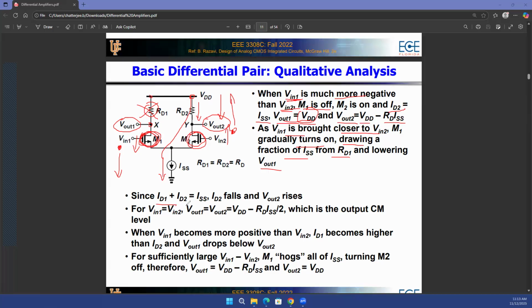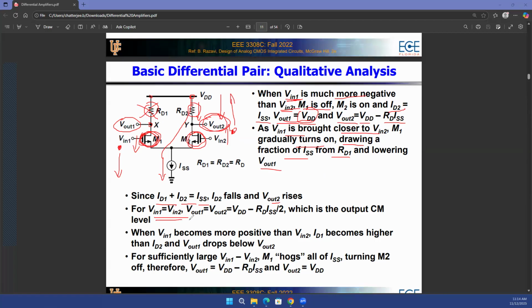So since your ID1 plus ID2 equals ISS, and ISS is a constant current source, if ID1 is increasing, ID2 has to reduce. The total amount of current has to remain constant because the current source makes it constant. So if the current through the left side branch is increasing, then the current through the right side branch has to reduce. And if your current through the right side branch is reducing, the voltage drop across RD2 is reducing. That means the DC voltage at Vout2 keeps on increasing.